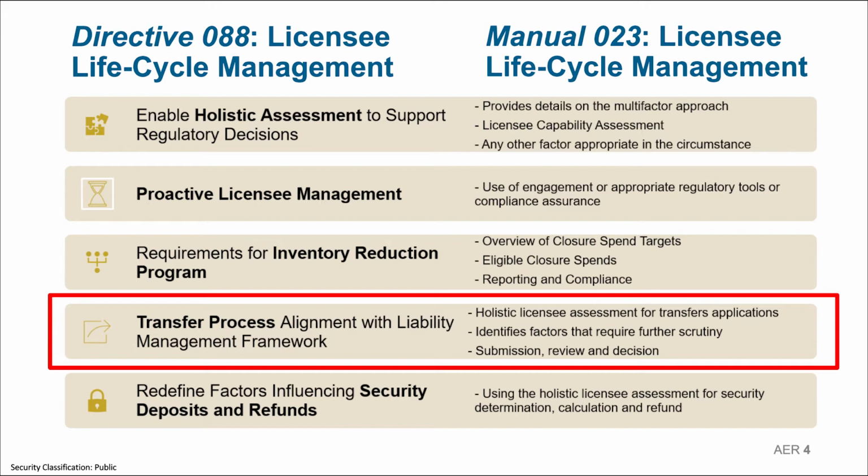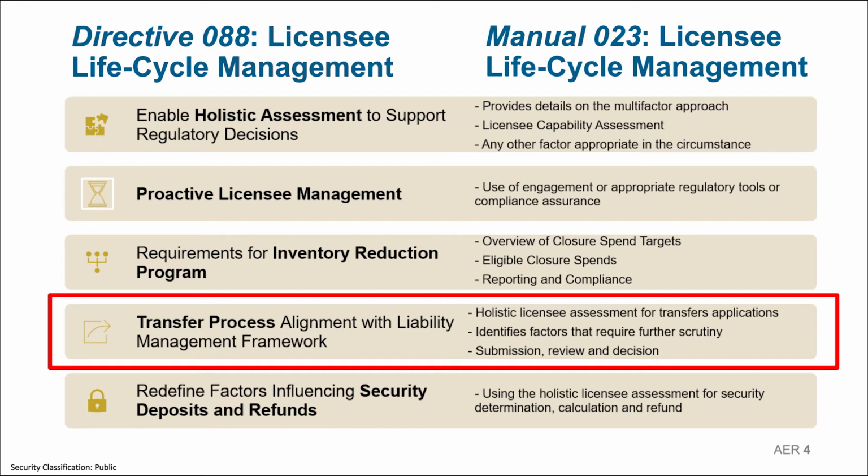To align with the new liability management framework, the new directive also addresses changes to our current transfer application processes as we move away from the LMR, the liability management rating, to consider the holistic assessment of licensees and the risk presented.